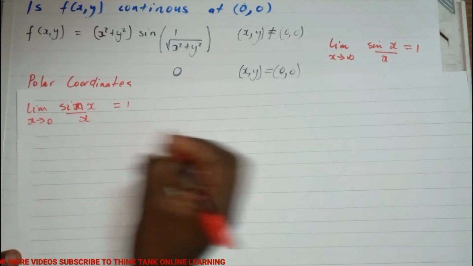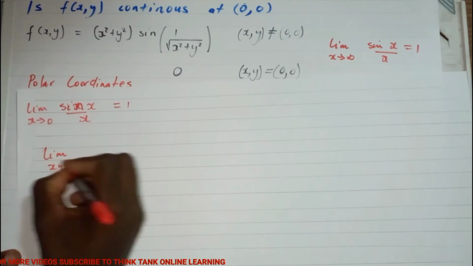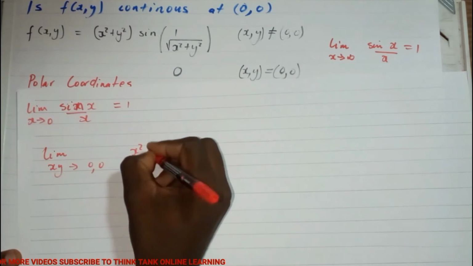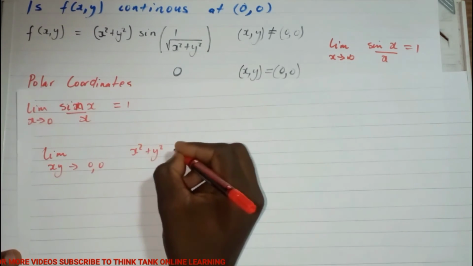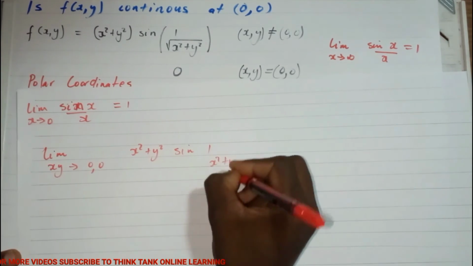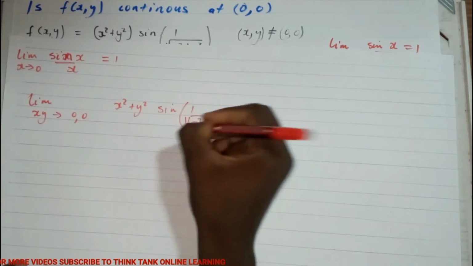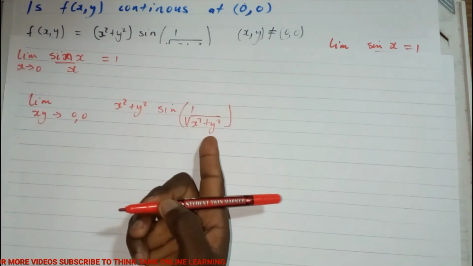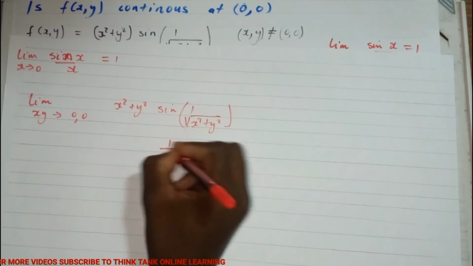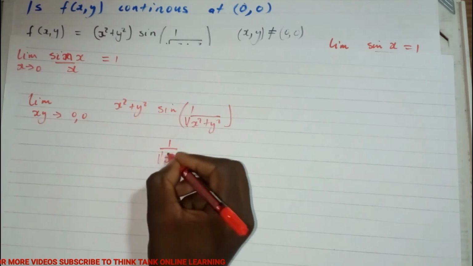We're going to say the limit as (x,y) approaches (0,0) of (x² + y²) sin(1/(x² + y²)). We said we wanted this as the denominator, so let's write it as the denominator, 1 over x² + y².